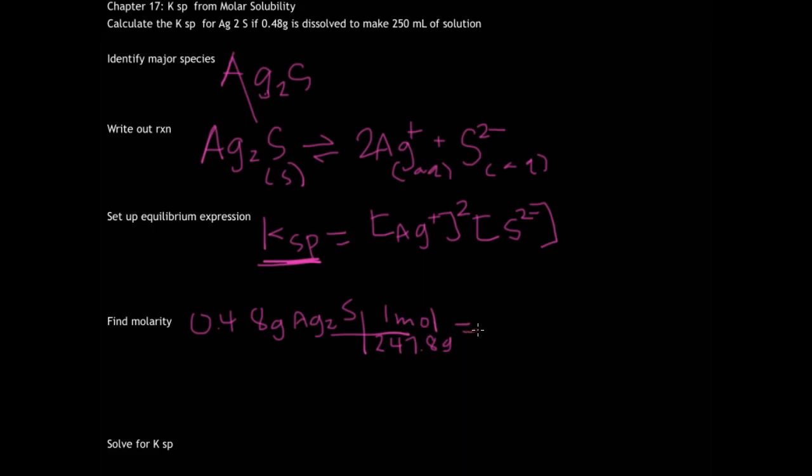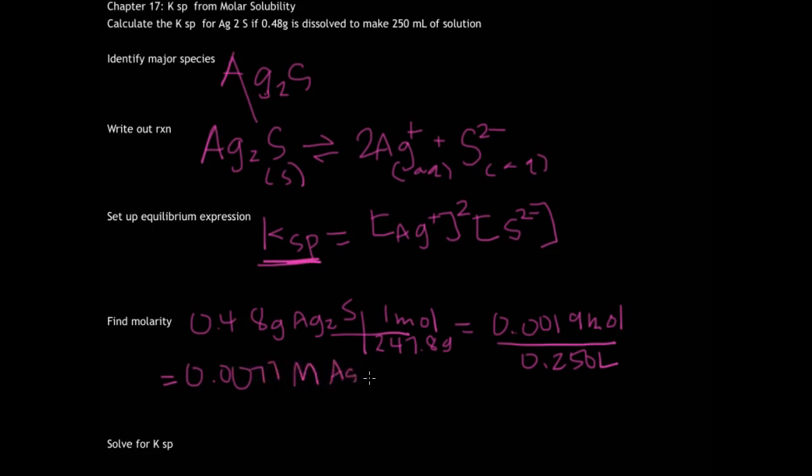All right, that gives you moles, which looks like it comes out to be 0.0019 something moles per 0.250 liters, and that gives us the molarity of the salt, which is 0.02077 molar silver sulfide. All right, so we're just going to plug in.